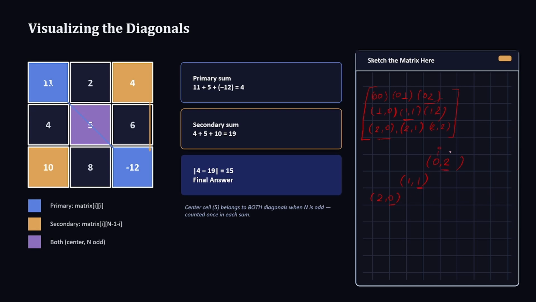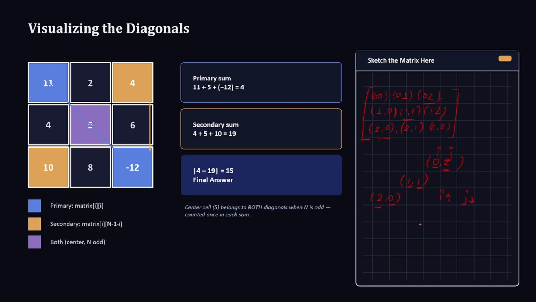I means row and J means column. The row is 0, 1, 2. I increases and J decreases.